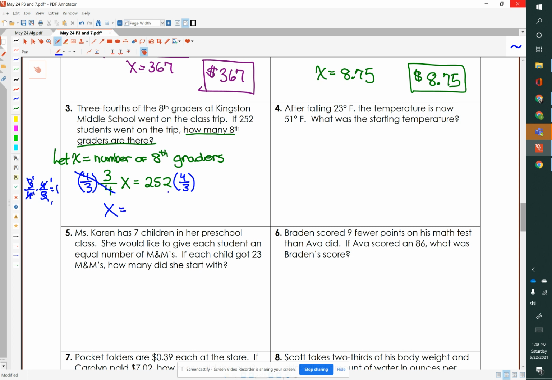So all we need to do is multiply 252 by 4/3. And when we do that, we will have an answer of 336. And that means that there are 336 8th grade students in all.